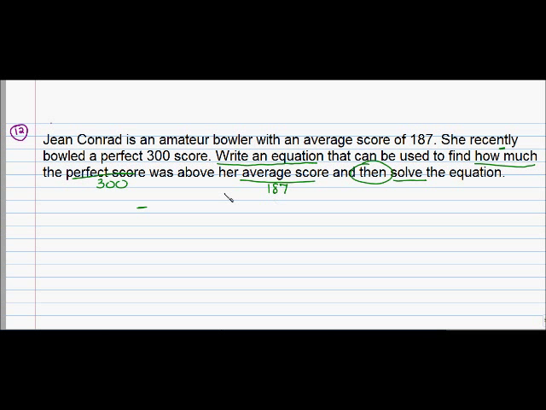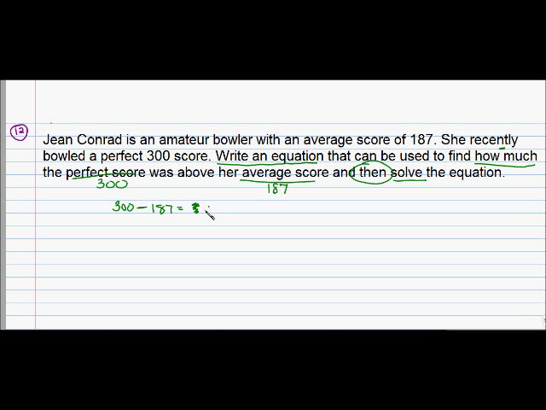But we need to write an equation in order to solve this. Because we're finding out how much, technically we could say 300 minus 187, and that will tell us the difference, x.